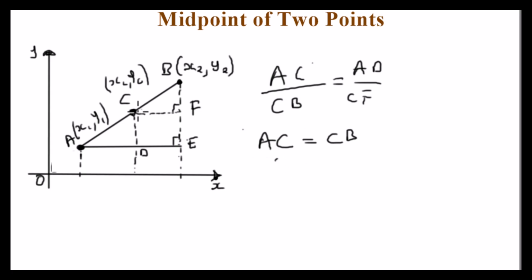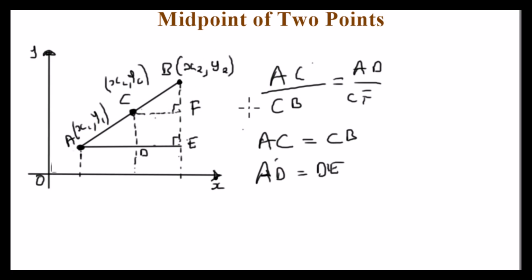Because we are told that point C divides AB at the midpoint. If point C divides AB at the midpoint, then I can come to this conclusion: AC is equal to CB. Then definitely, it must mean that AD must also be equal to DE. So AD will be equal to DE. Why? Because point C divides line AB into 2 equal parts.